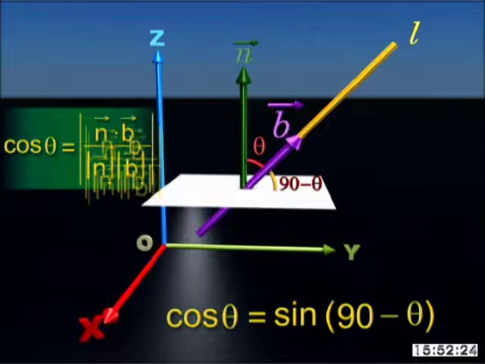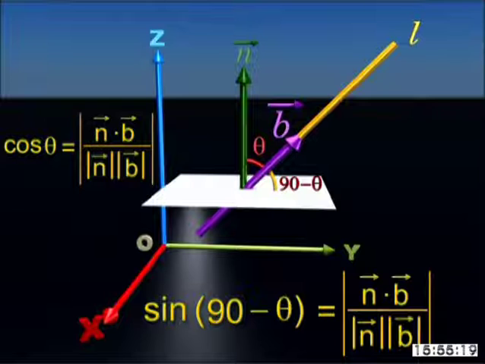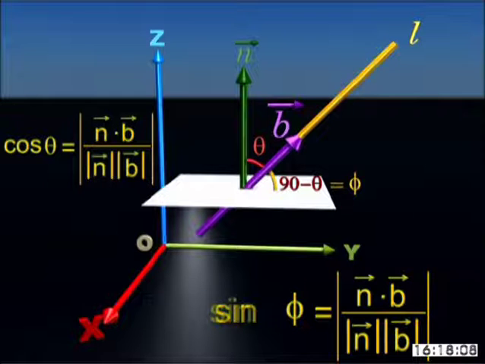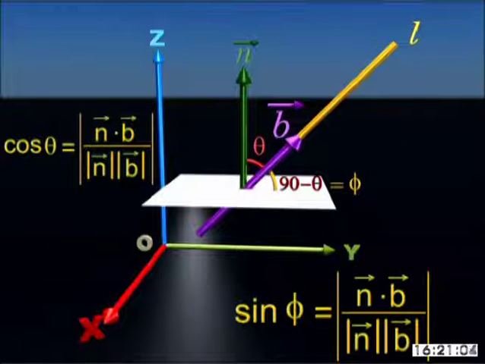We will get sin 90 degree minus theta is equal to modulus of vector n dot vector b upon magnitude of vector n into magnitude of vector b. If we denote 90 degree minus theta by phi, then we obtain sin phi is equal to modulus of vector n dot vector b upon magnitude of vector n into magnitude of vector b.